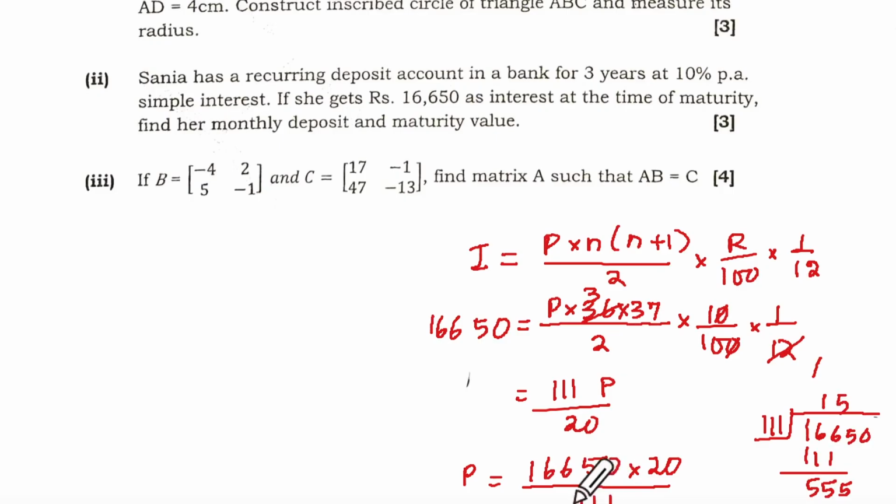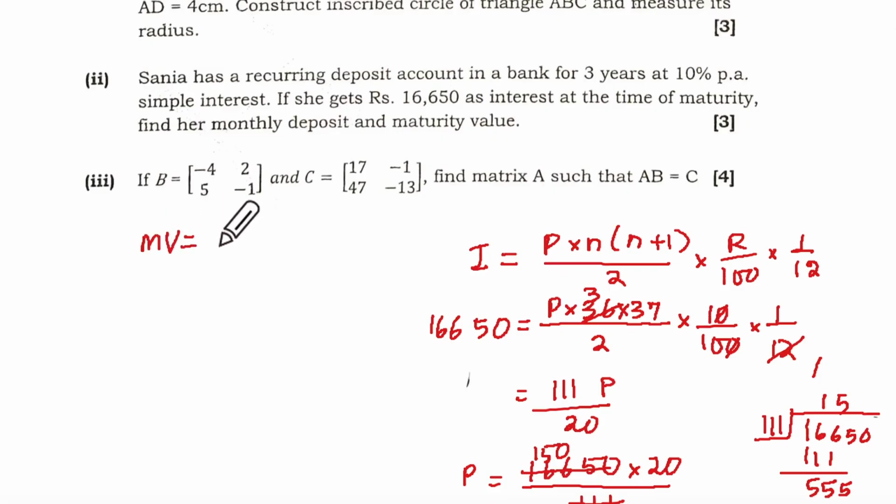So you will get here, this will go how many times? 150 times. So principal is how much? Rupees 15 to 30 means 3000, correct? Understanding? Then the maturity value will be what?